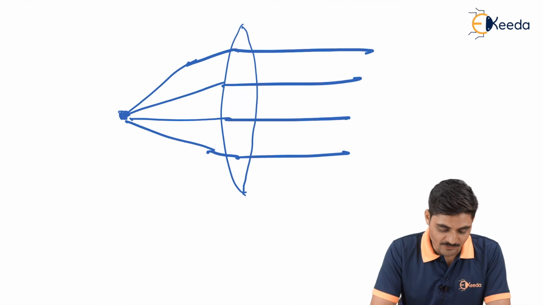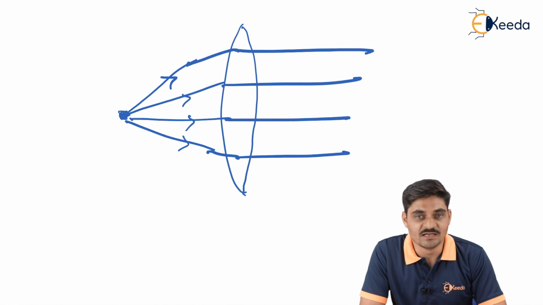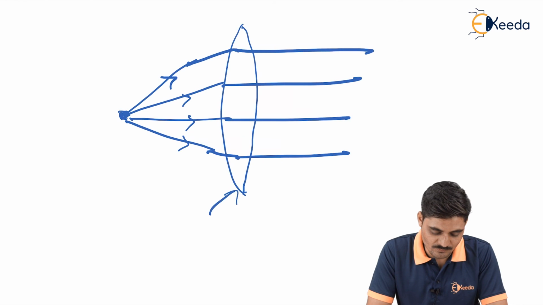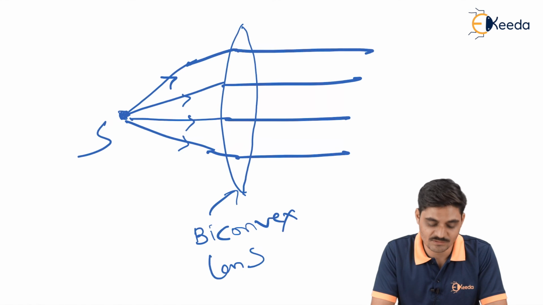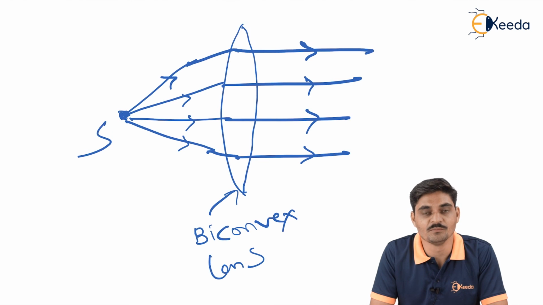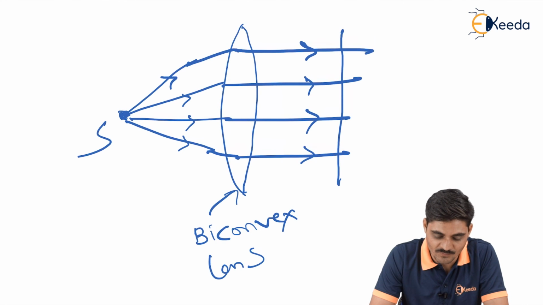What happens if we incident diverging light rays from the source on a biconvex lens? Obviously, the biconvex lens makes them parallel. So this is how plane wavefront can be obtained.